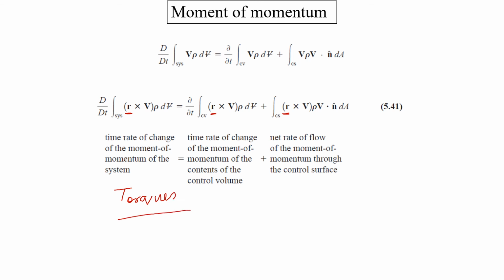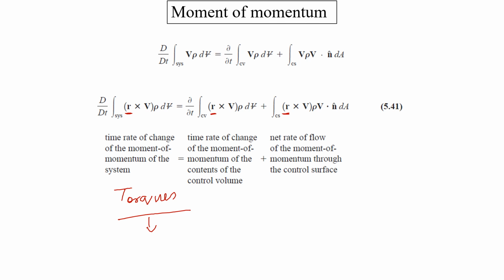Torque is an important parameter when we are talking about pumps and turbines. We are actually interested in the torques, and torque is the energy that is required to give rotation to a certain rotational object or a certain shaft.